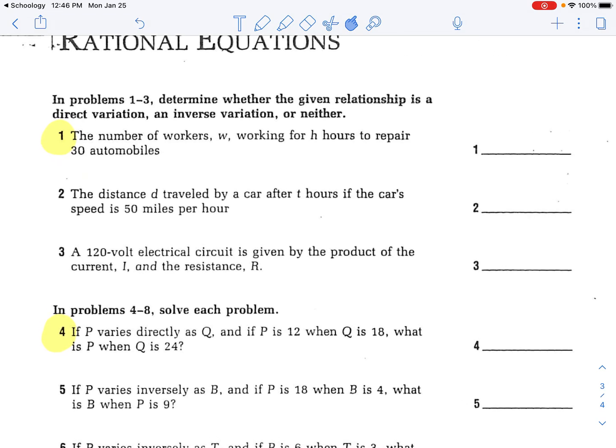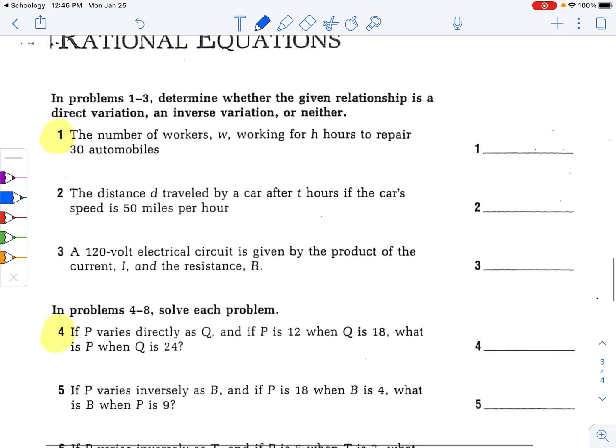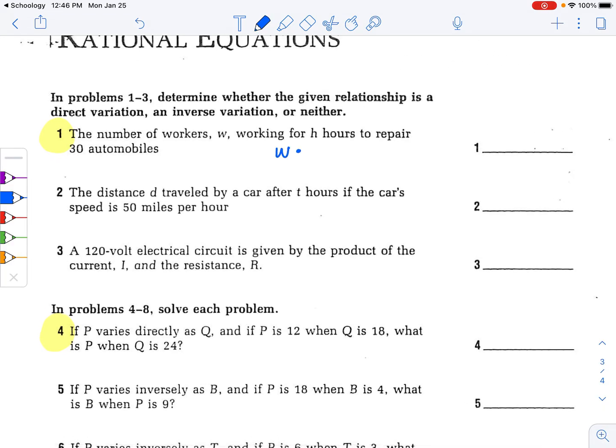So we know the number of workers W is going to be multiplied by the amount of hours they work. So let's say there's 2 workers, they work 2 hours, 2 times 2. And that's going to try to repair 30 automobiles. 30 is that constant, right? It's a number.